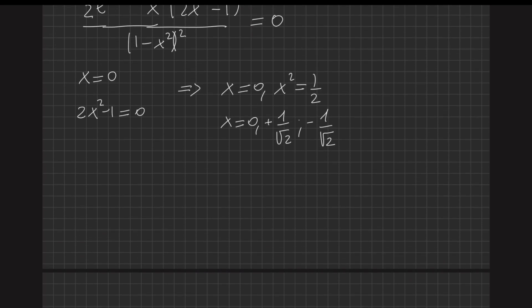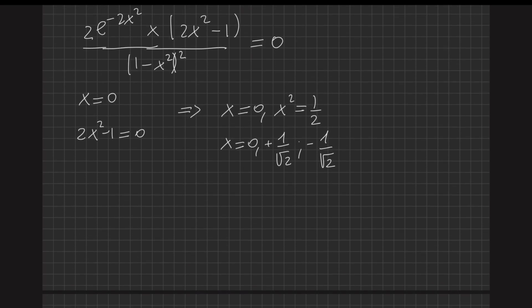So let's draw a long line. We have 0, plus 1 over square root of 2, then 1. And on the left-hand side we have negative 1 over square root of 2 and negative 1. And now we have to evaluate the function in each of these intervals.